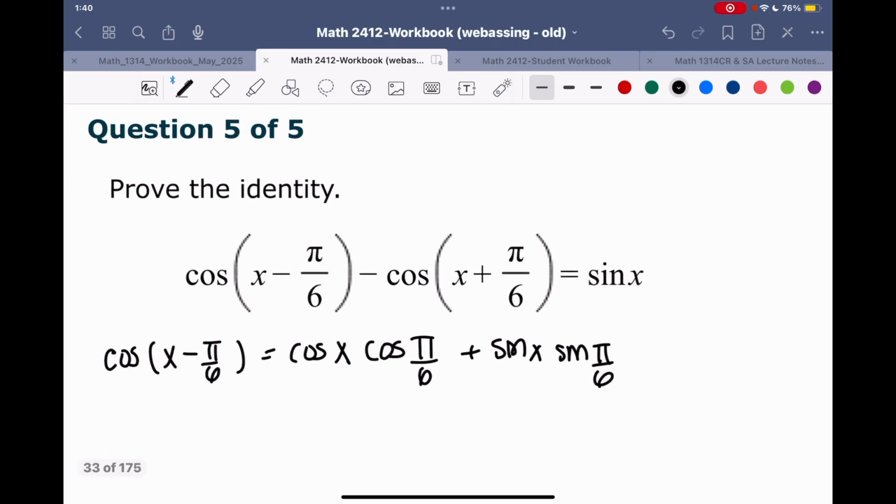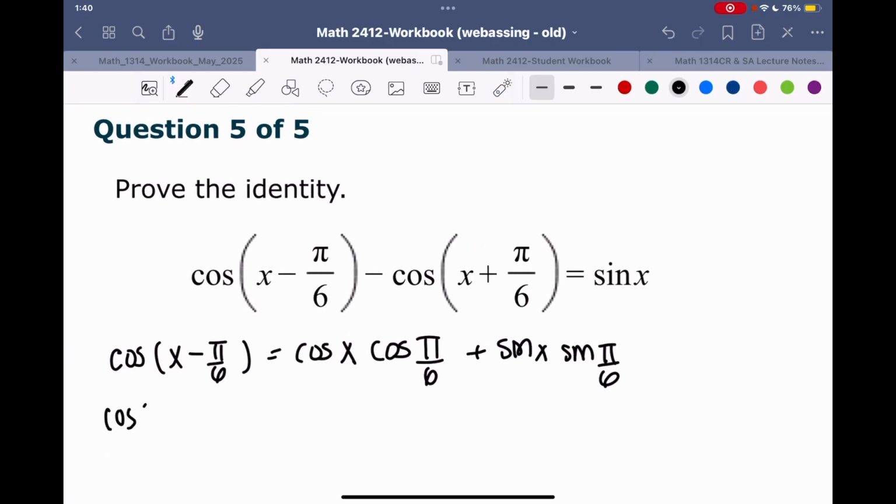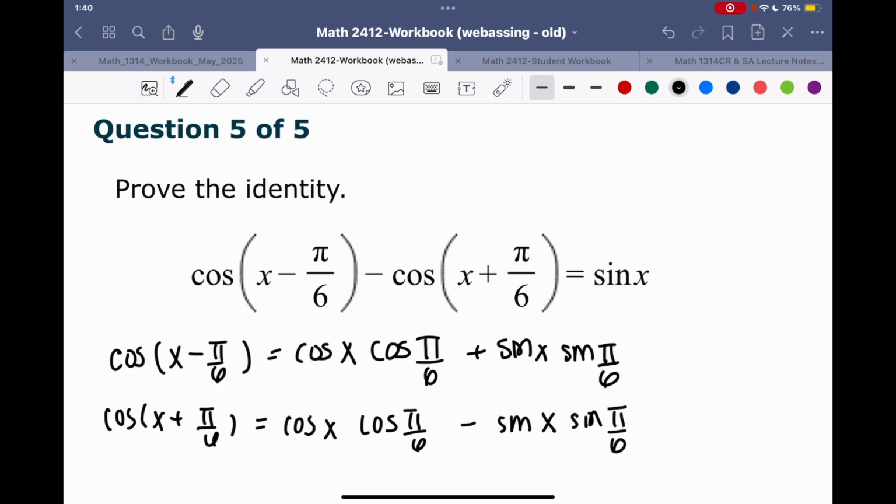And then for cosine of x plus pi over 6, you're going to get cosine x cosine pi over 6 minus sine x sine pi over 6. So remember that pi over 6 is 30 degrees, so this is going to be easy to solve.